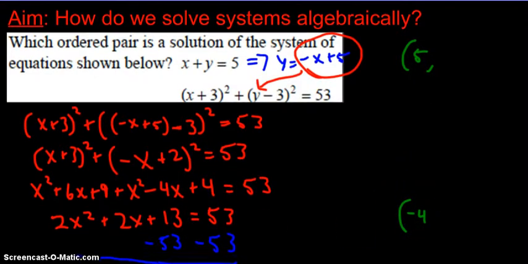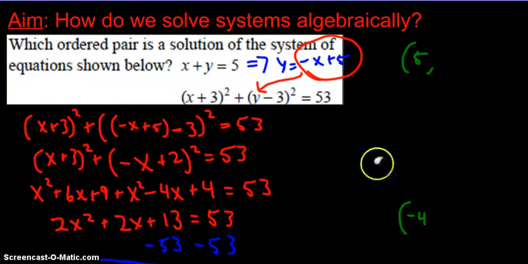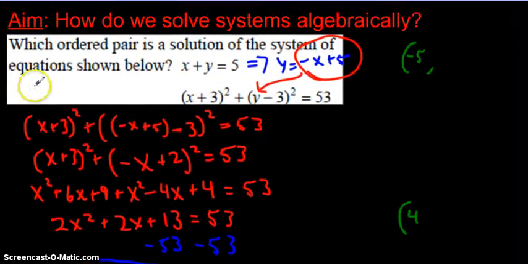I think. Let me go back and check real fast. Other way around. Negative 5 and positive 4. Check that again just to be sure. Negative 5, positive 4.